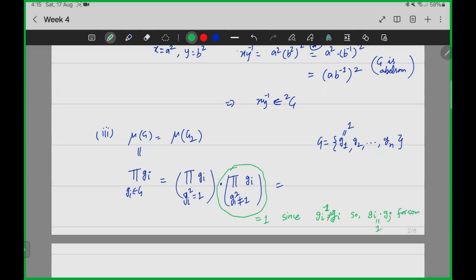So they will cancel out with each other, some j not equal to i in the same bracket, because gj also does not satisfy gj square equal to 1. So the second product is just 1, and what is left is just mu of G2. So we have shown that this is equal to this one.